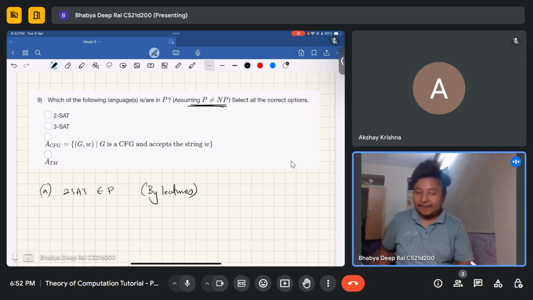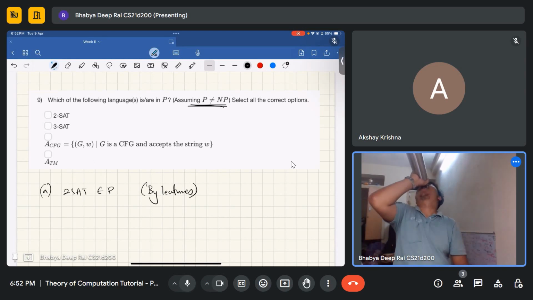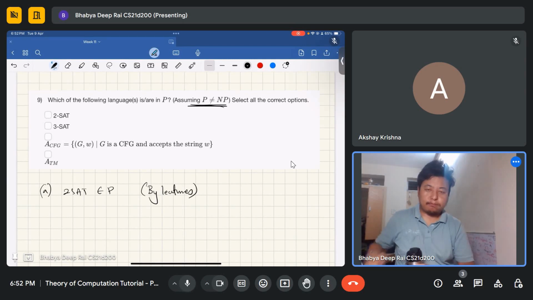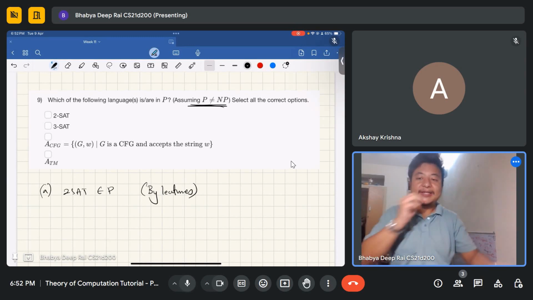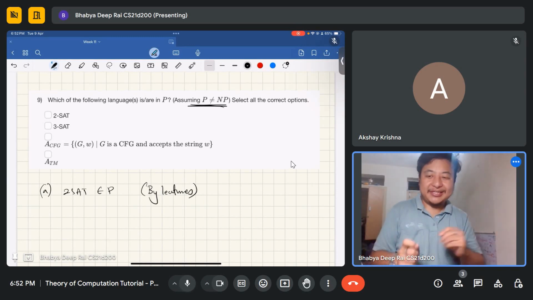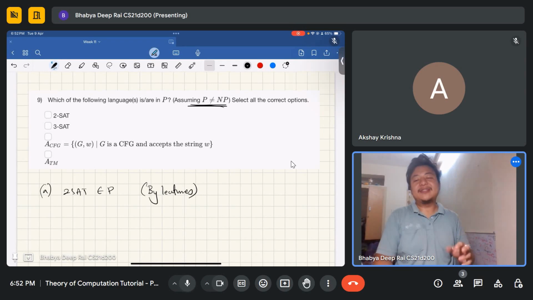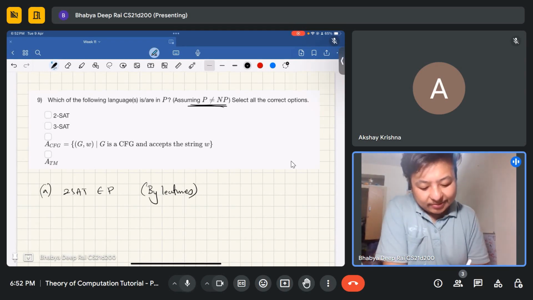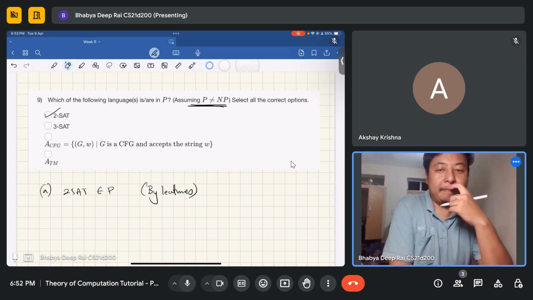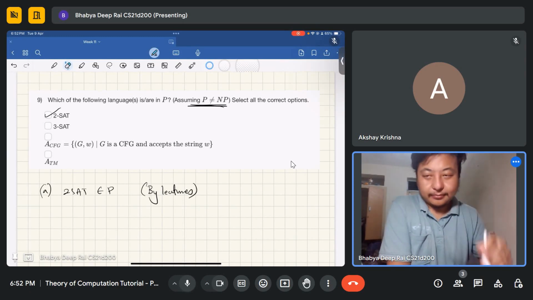The idea is that you can convert it into a graph full of implications, and you can test reachability. You can use BFS or DFS after that. So check it in the lectures. I'm not going deep on this, but by the lectures we know that 2SAT is in P.